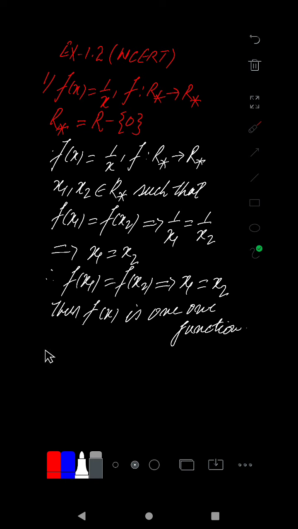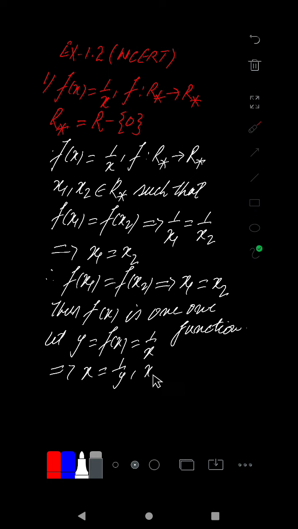Now we need to check surjectivity or onto-ness of the function. For that, we need to find out range of the function. So let y is equal to f(x), that is 1 upon x. So this may be written as x is equal to 1 upon y. Now clearly, x is defined for all the values of y except 0, because for 0, x will be undefined. 1 upon 0 will be infinity.